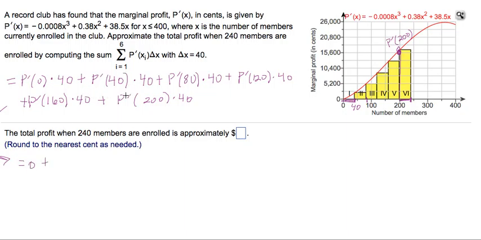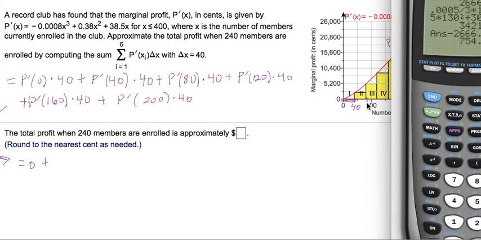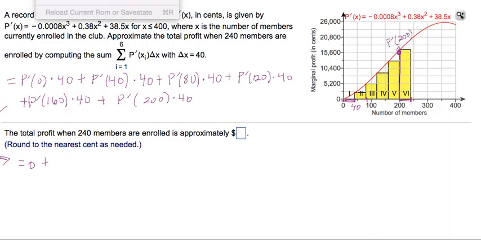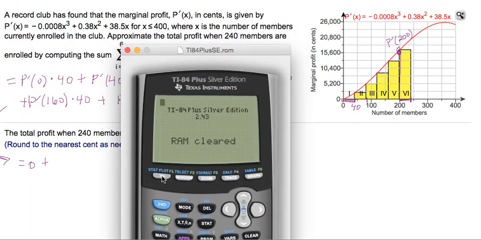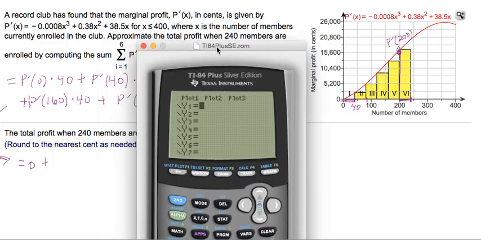P prime of 40, this is where you're going to have to use a calculator. To do this on the calculator without taking forever, I'm going to put the function in y equals.